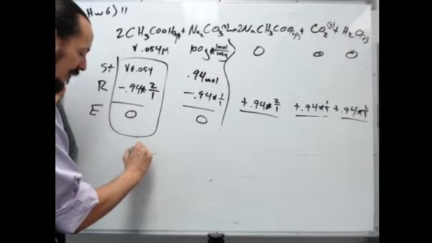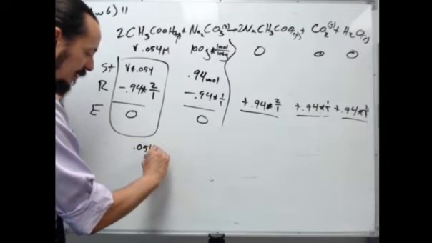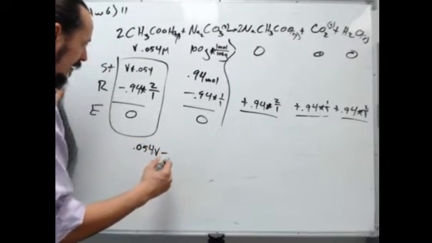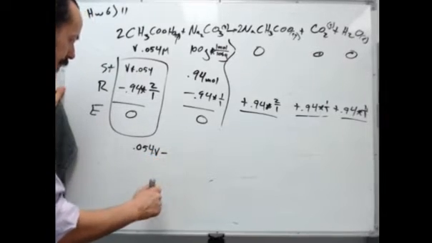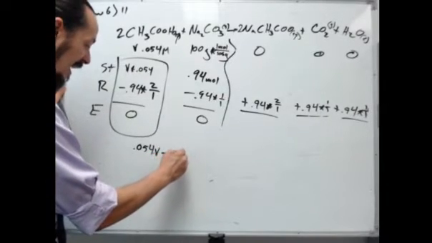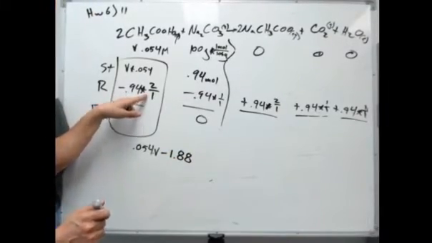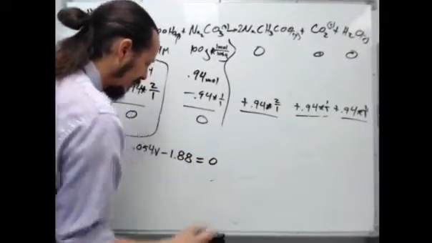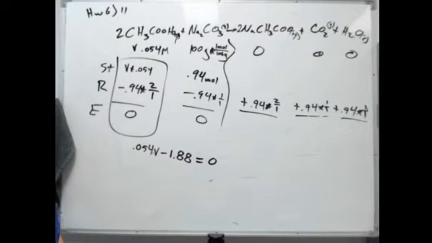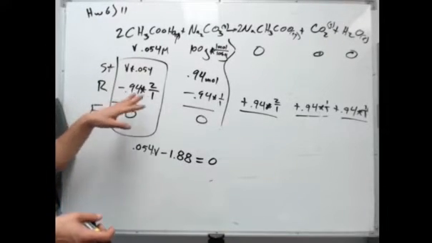I've got 0.054V minus, can I do math in my head? 1.88. 0.94 times 2 is equal to 0. Solve for V. Because we have that statement of completely react, we know the moles have to match.